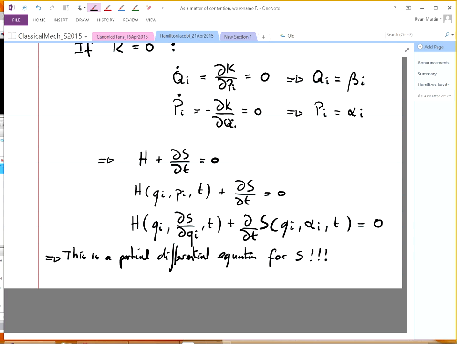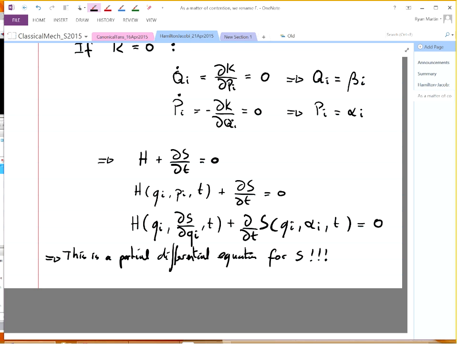So that part's easy now. The hard part is, how do you determine what capital Q and capital P are in terms of lowercase q and lowercase p, which are typically labels that you can easily assign. So the trick is to find the transformation that goes from lowercase q's and p's to capital Q's and P's. And that transformation is given by this function S, the generating function.